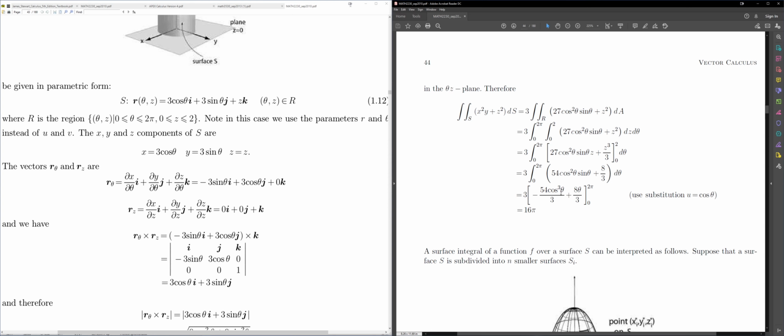If I put in the 2 pi and the 0, these would just cancel off to give me 0. So the only thing I need to work out over here is when I put in the 2 pi and the 0. When I put in the 2 pi, I'm going to get 8 times 2 pi, which is 16 pi, and the 3 will cancel with this 3 to give me my answer, which is 16 pi.